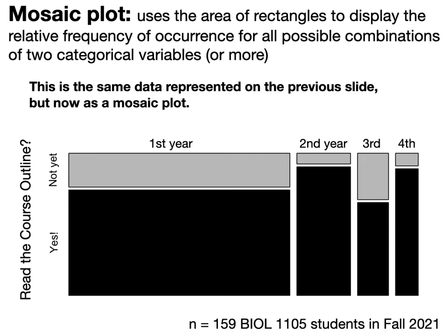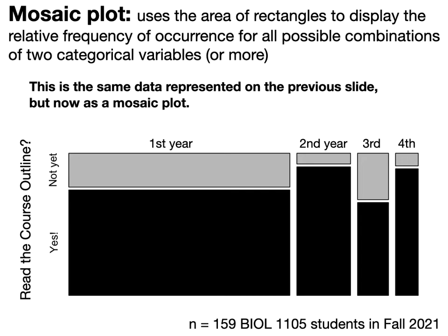So we've got multiple colors to represent membership in these different categories. In this case, our columns are what year different students are in, and we've got black areas representing students that had read the course outline and gray areas that represent students that had not.